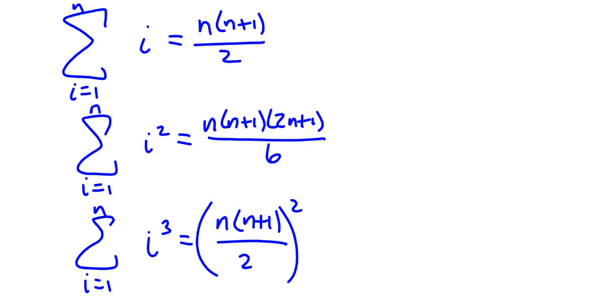So now I got to ask you, you add up 1 plus 1 plus 1 plus 1 until there are n of them. If I add up 5 ones, I get 5. If I add up 10 ones, I get 10.